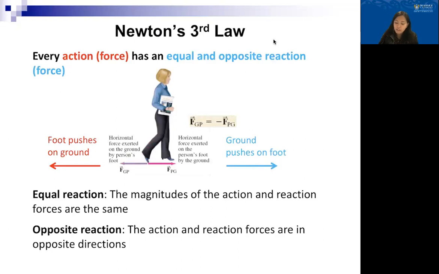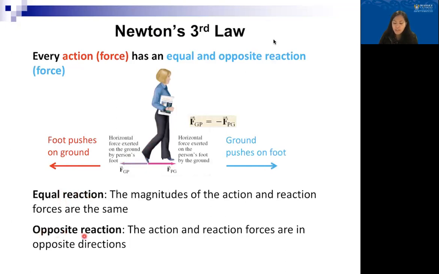The foot is exerting a force on the ground, to the left. In response, the ground pushes the woman's foot, and the direction of that would have to be to the right. The ground's push is what causes the woman to move forwards, essentially making her walk. Equal magnitude, opposite direction.